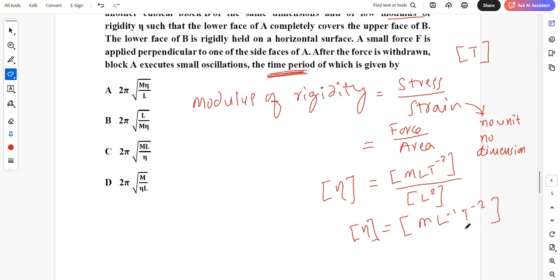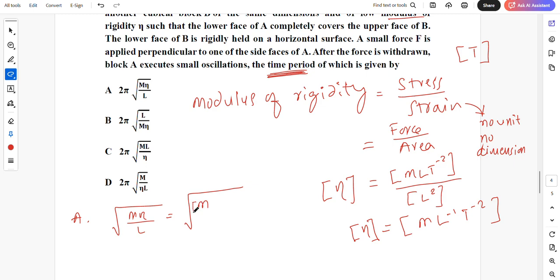Now you check in all the four options where you are getting the dimension T. First you can neglect option A. We'll check whether we get it: root of m eta by L. Root of m will be as it is.